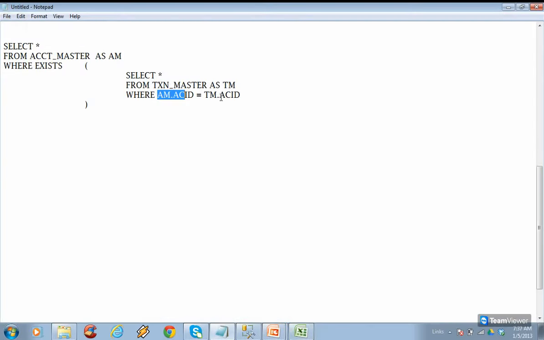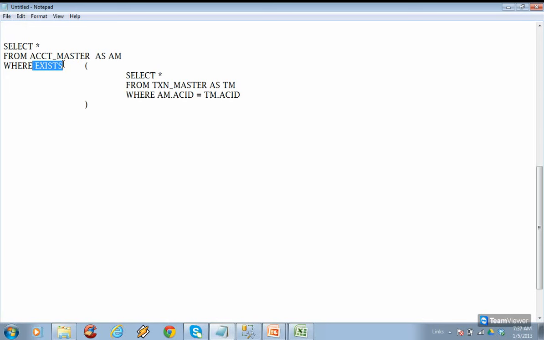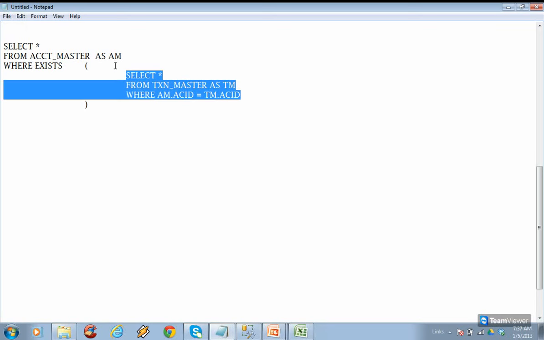Each value will be sent from there to here, and if it is equal, this will become true. What will become true? The exists function. If it becomes true, it will be a single row, account ID equals true.